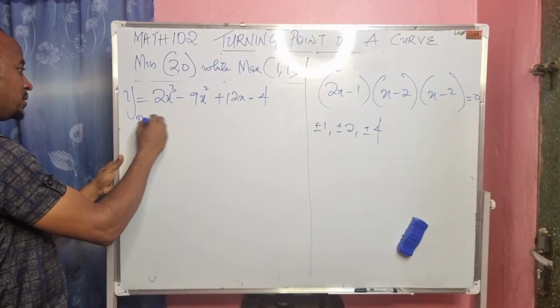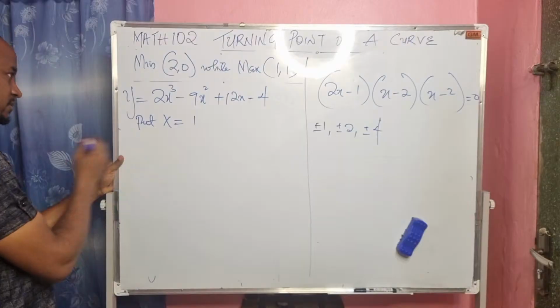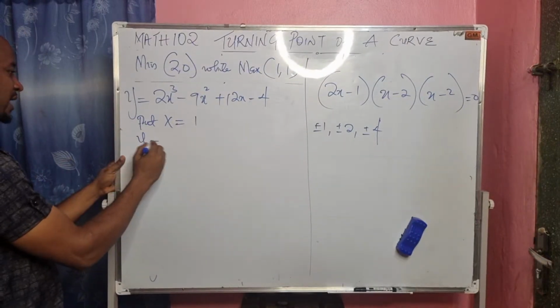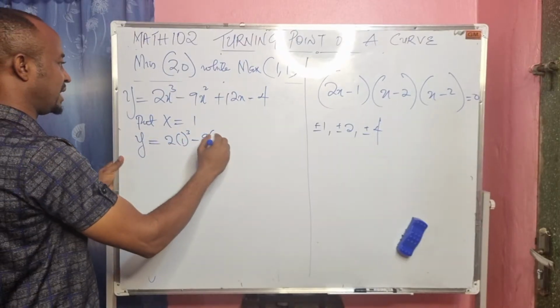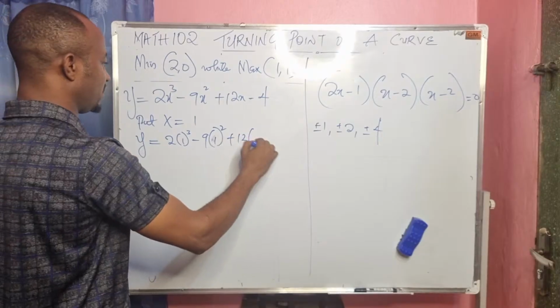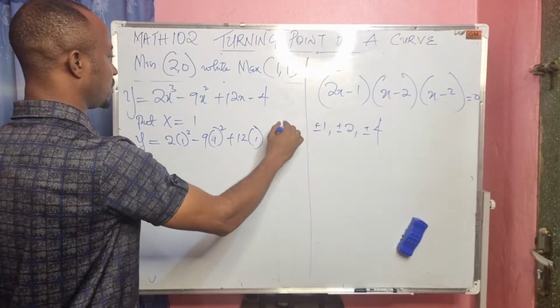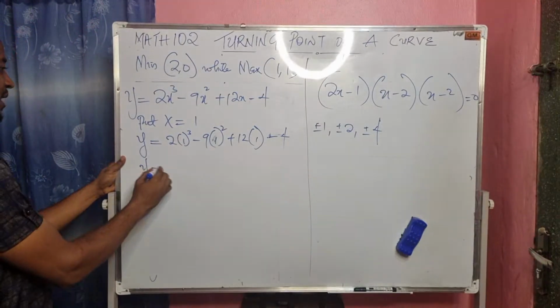Put x equals to 1. Let's check. y is equals to 2 times 1 to the power of 3 minus 9 times 1 to the power of 2 plus 12 times 1 minus 4. Let's see. y equals to what?